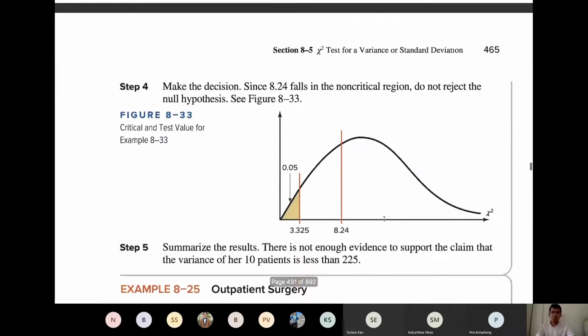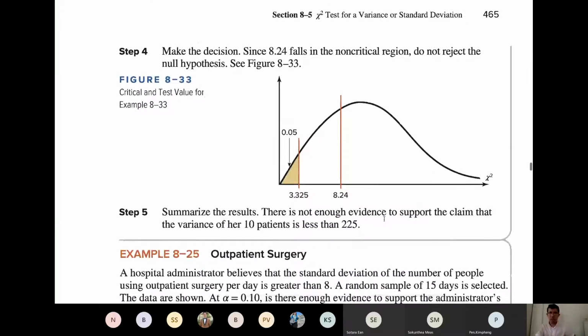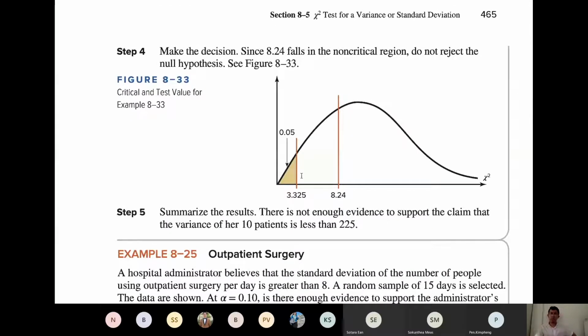And then how to make the conclusion? Maybe it's better to look at the picture. You want this area to be 0.05, right? And then you want to identify this point, right? So how to get this value? You have to look at the chi-square table.